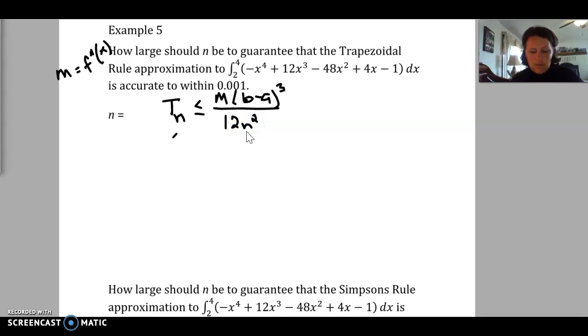Okay, so that's the error-bound formula for our trapezoid rule. So we need to know what the highest value of the second derivative of this function is.